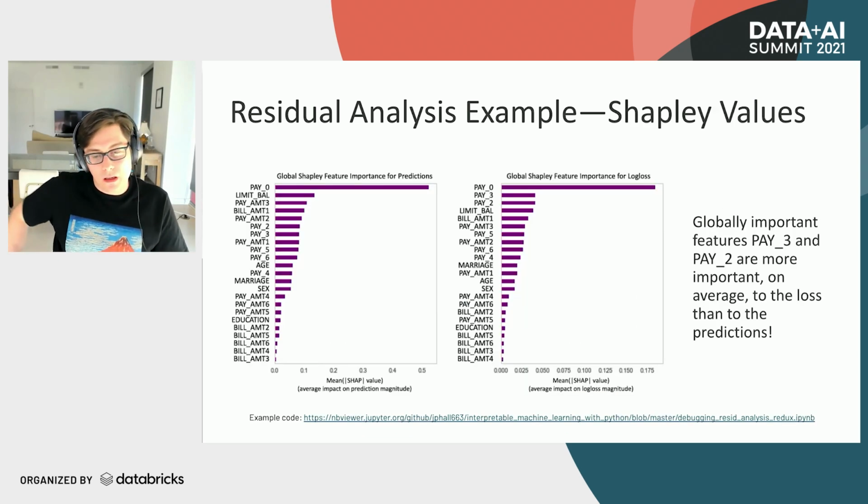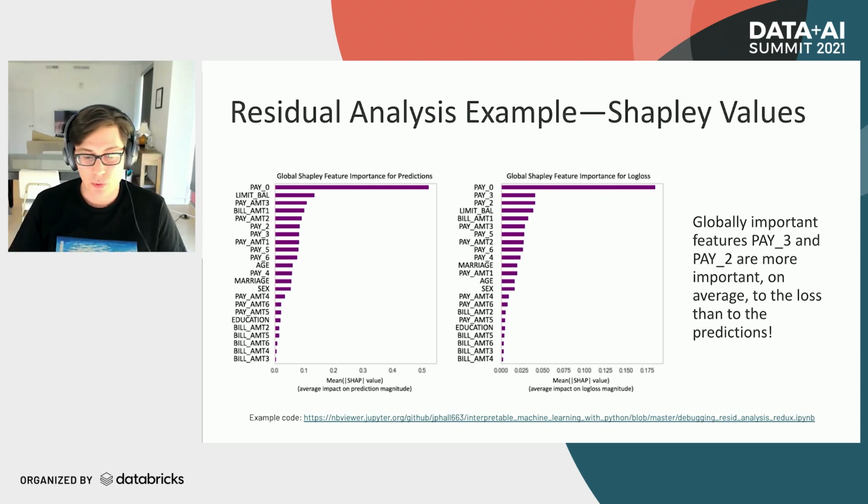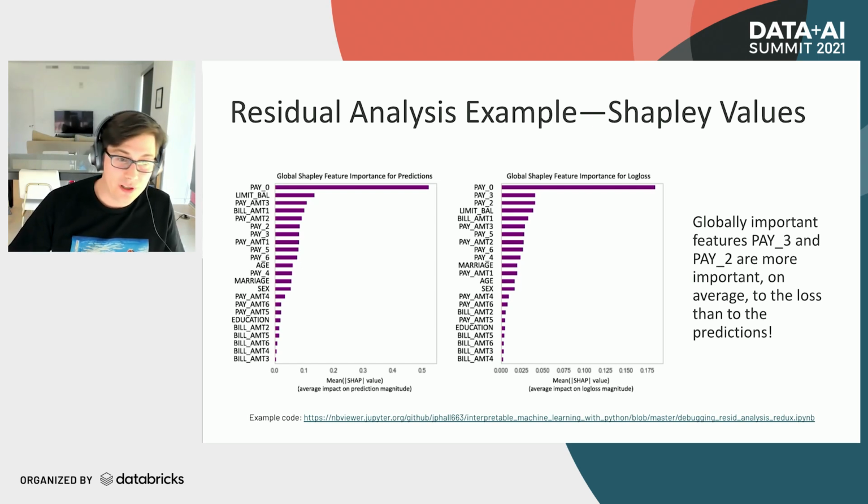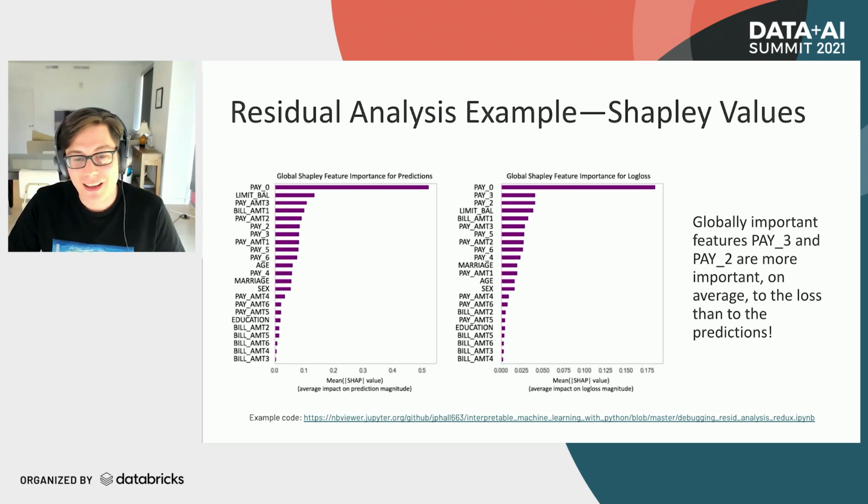All right, another big breakthrough in residual analysis, or just machine learning in general, is Shapley values, that allow us to have a somewhat accurate knowledge of how each feature contributed to each prediction. We can do that for predictions. And if you're patient or have small enough data, you can do it for log loss. You can do it on the loss or error of the model.